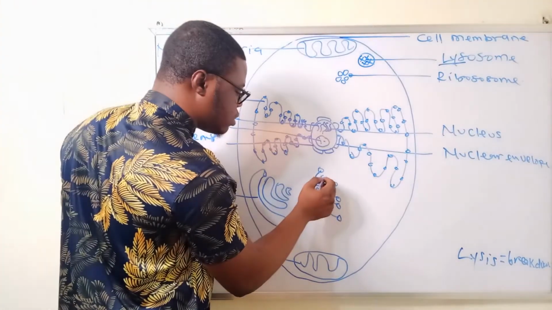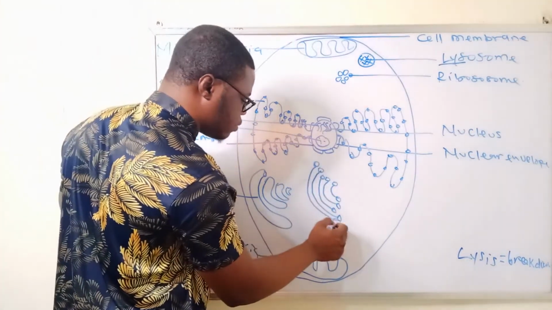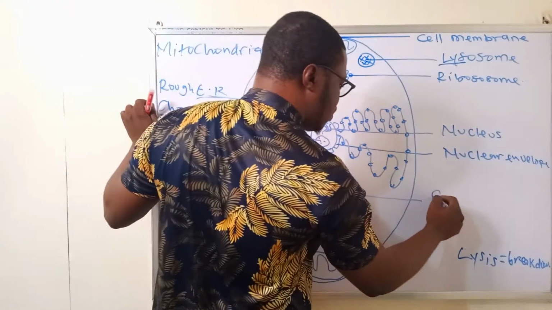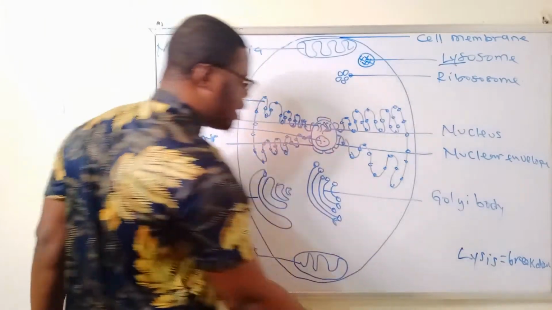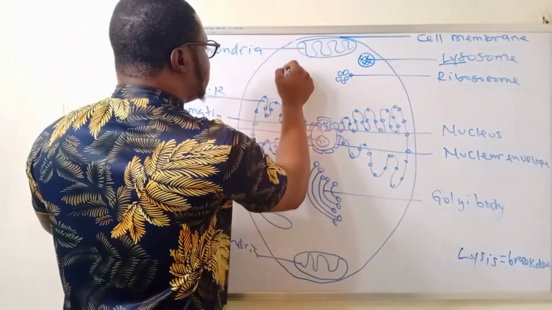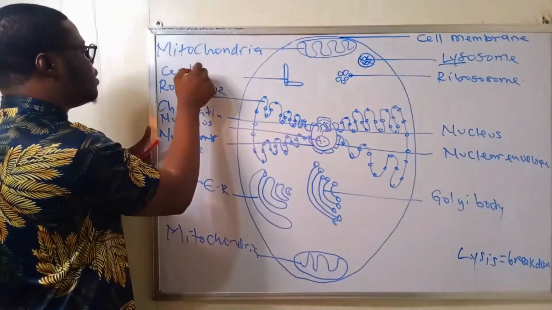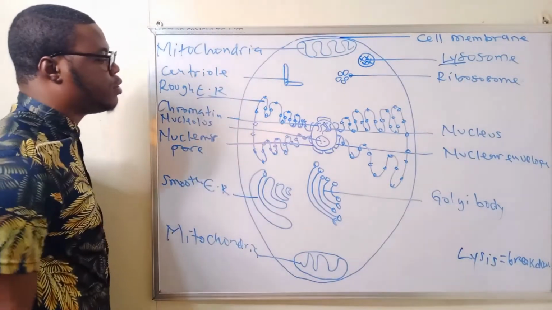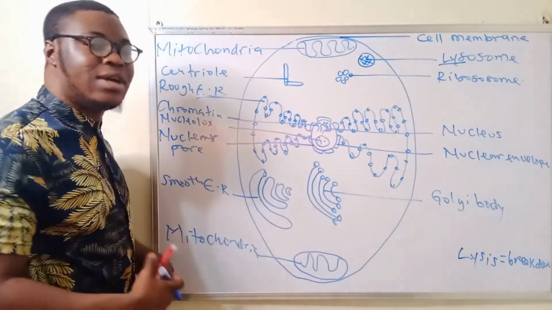The Golgi body. And after that, we have the centriole, 90 degrees. They form the spindle fiber during cell division. Apart from that, we can still come up with other organelles like the peroxisome, etc.